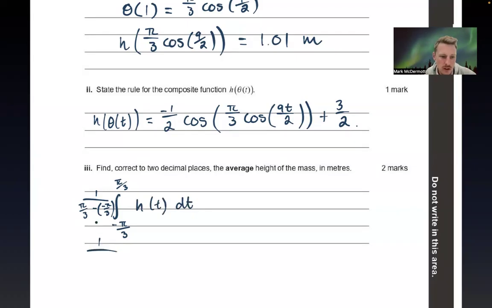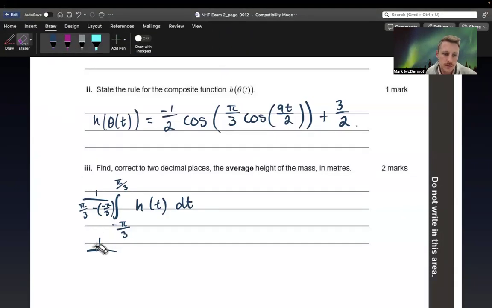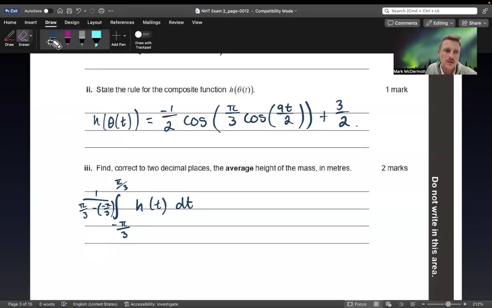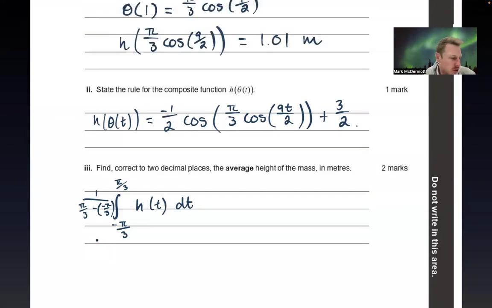So this is the integral. All right, this is 2 pi on 3. So this whole thing becomes 3 on 2 pi, the integral from negative pi on 3 to pi on 3 of h of t dt.